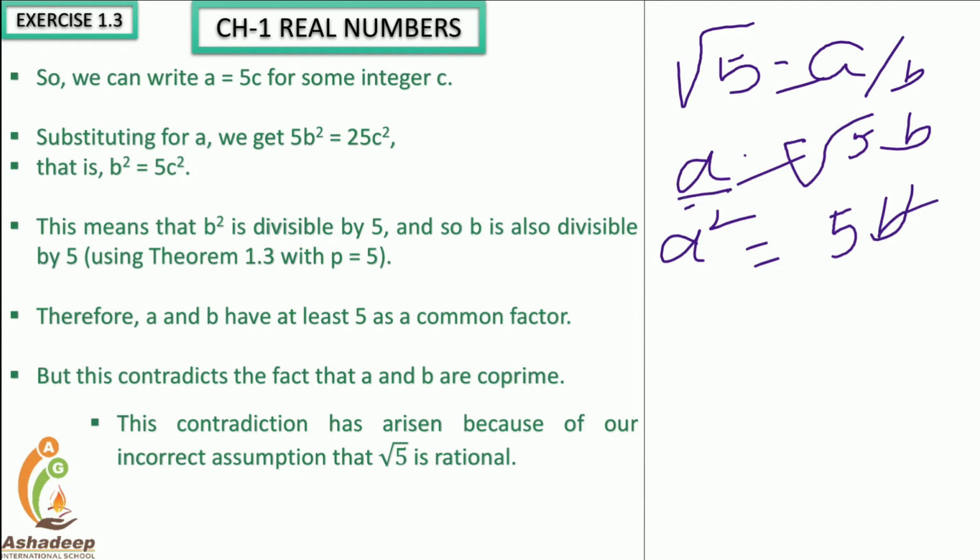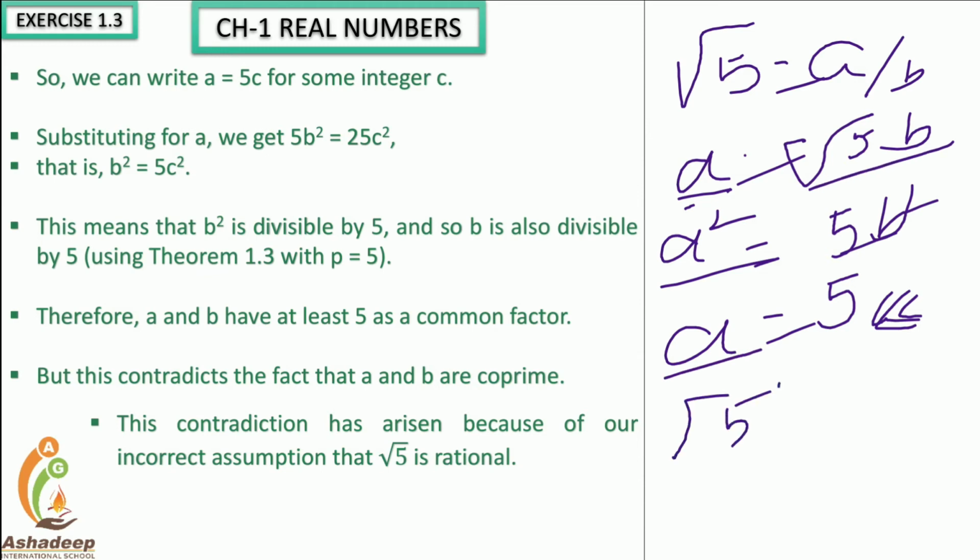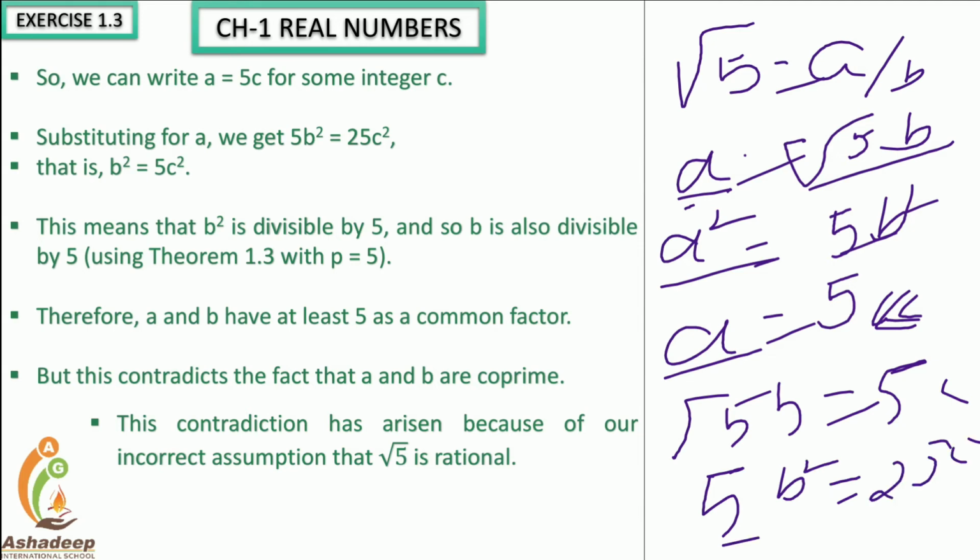A is equal to 5c, because if a square is divisible by 5, then a is also divisible by 5. Now what is the value of a here? That is root 5b. So here root 5b is equal to 5c. Now squaring on both sides, 5b square is equal to 25c square, right? Up to here you know.